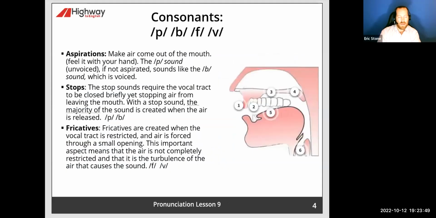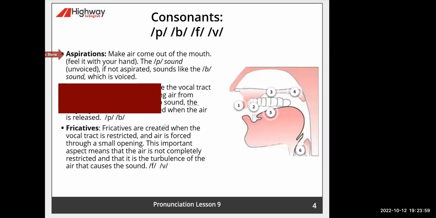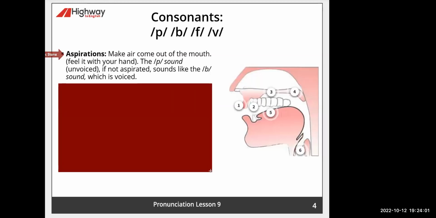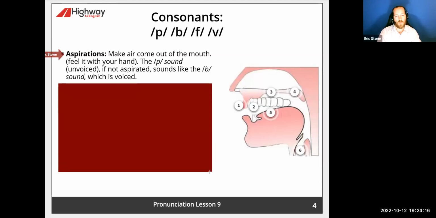So we need to practice a little bit of the science behind this. Let's start with aspiration. Aspiration makes air come out of the mouth. Feel it with your hand. The p sound is unvoiced, and if not aspirated, it sounds like the b sound, which is voiced.